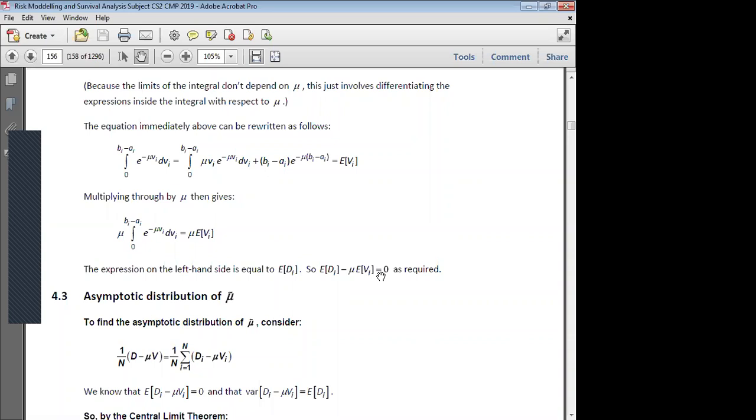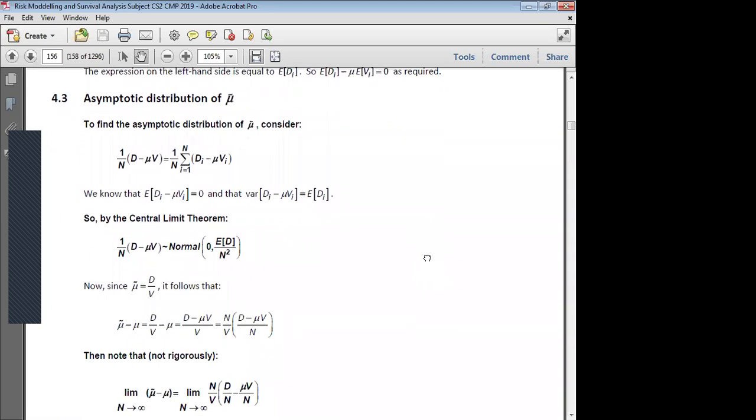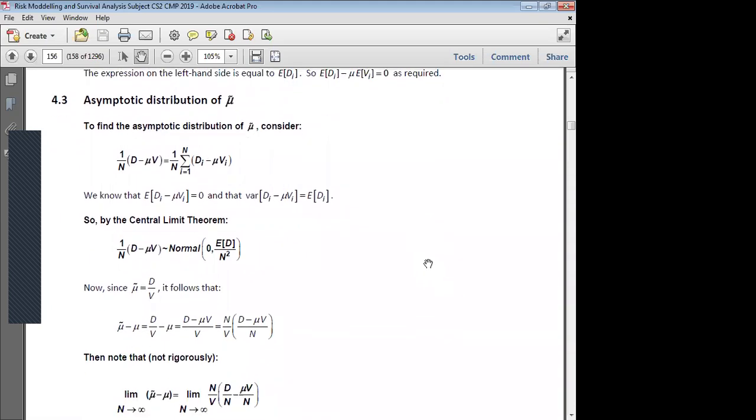And this is what you will be using later on to figure out the distribution of mu, I mean, to figure out some sort of a nice distribution for your mu. But again, remember, whenever we use MLE, it does not guarantee us that the distribution of the parameter will be normal.